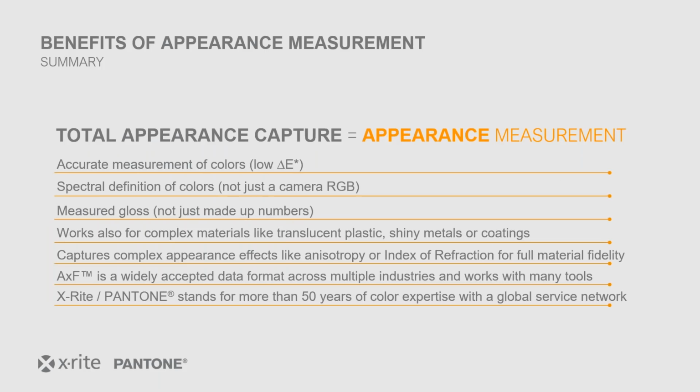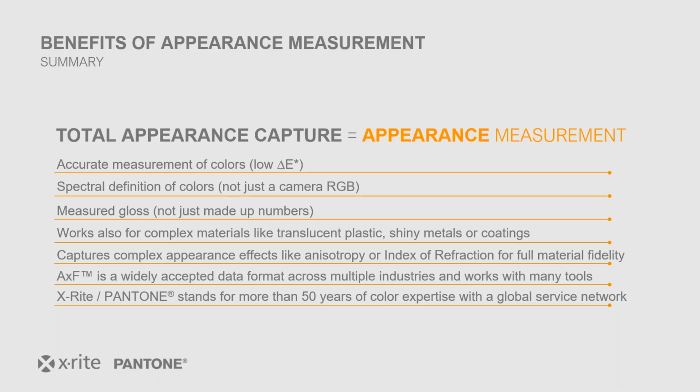So what do we get from an appearance measurement? We get accurate measurement of colors, so very low DE from the original. We get spectral definition. The spectral values are used internally, and then we bring it to low dynamic range RGB or linear RGB as we export. We can also use gloss parameters that are often used inside of rendering applications.